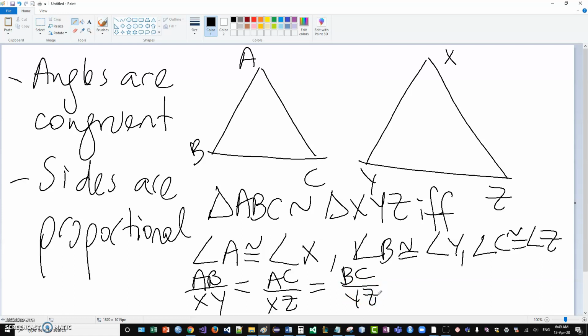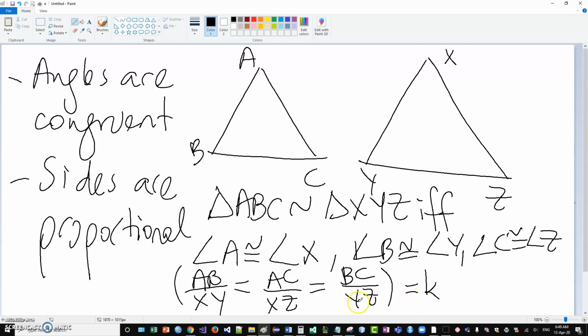This is what we mean by the sides are proportional. So if you divide any two corresponding sides, you're going to get the same number, which is, by the way, the scale factor that we learned about in the dilation.